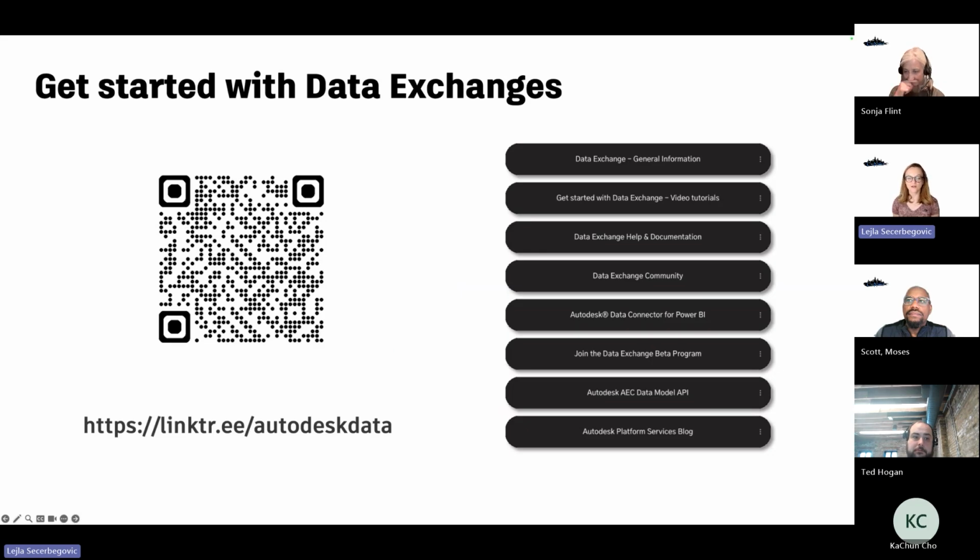And if you are using the desktop connector, the connectors in the desktop tools, then you can use the option in the connector to update the data exchange. You see all the data exchanges created from the file you have open in the connector, and you can simply say update this data exchange, and then it will also be updated on ACC.